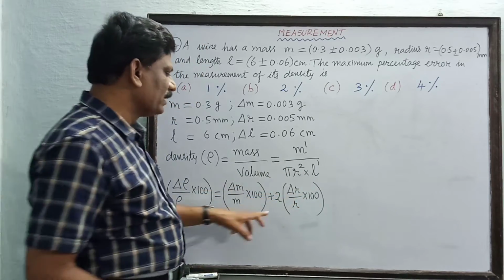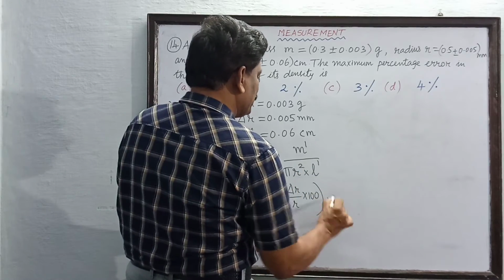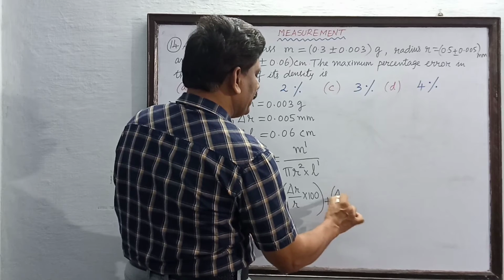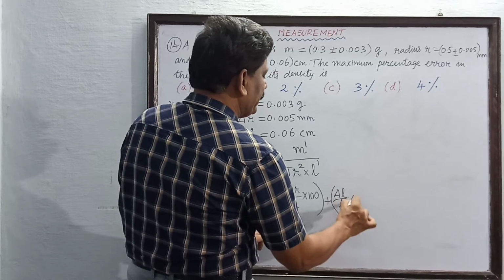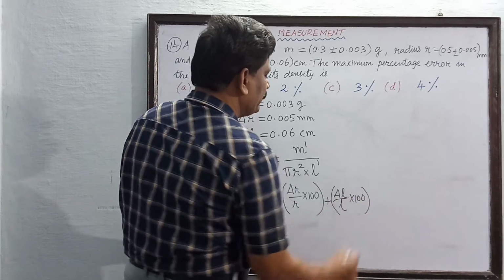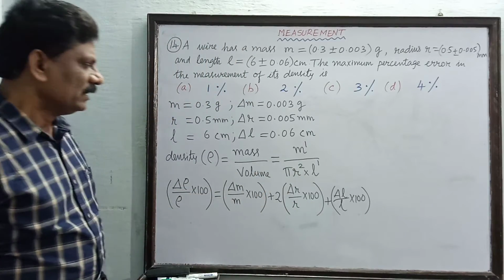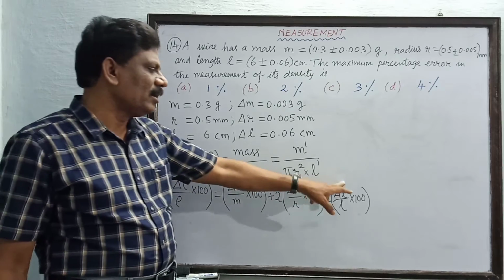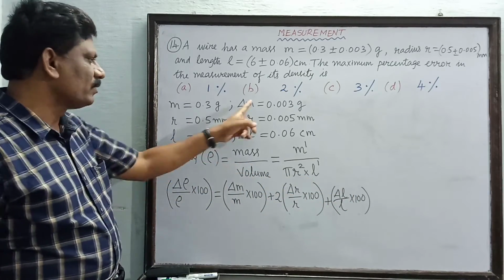Like that I am applying. So plus now the third term is L power 1. So it is simply 1 multiplied by delta L divided by L into 100. Now I have to substitute delta m, delta r, delta L and m, r, L from these quantities.